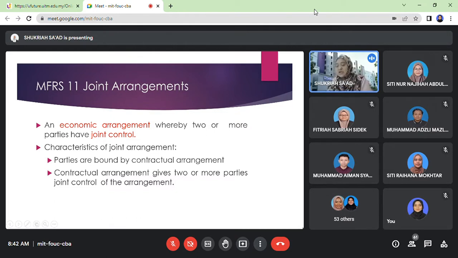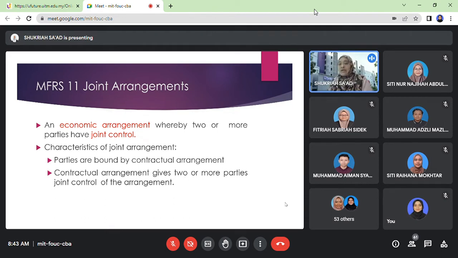So a party to a certain joint arrangement with another investor, because the condition is that they must have at least two or more parties. Each party involved has joint control, with the interest, the purpose of creating this arrangement, being over the assets and liabilities of the investee. That's why they call it economic arrangement.